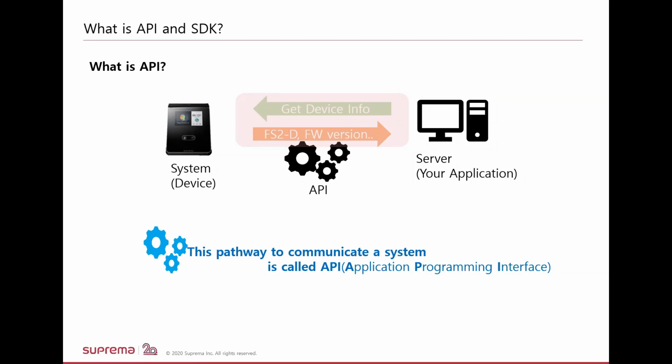The screen shows the structure of how it works. In conclusion, API is a pathway to communicate between 2 systems.